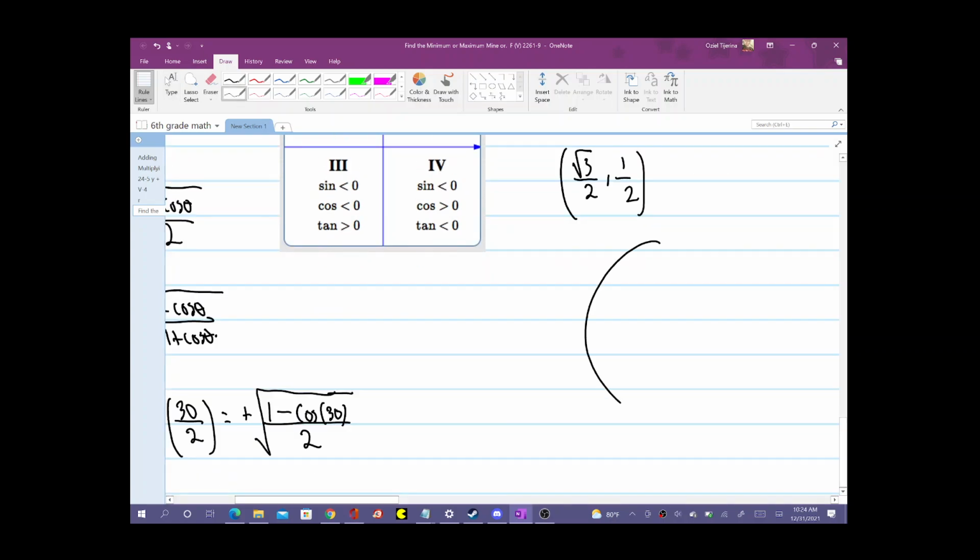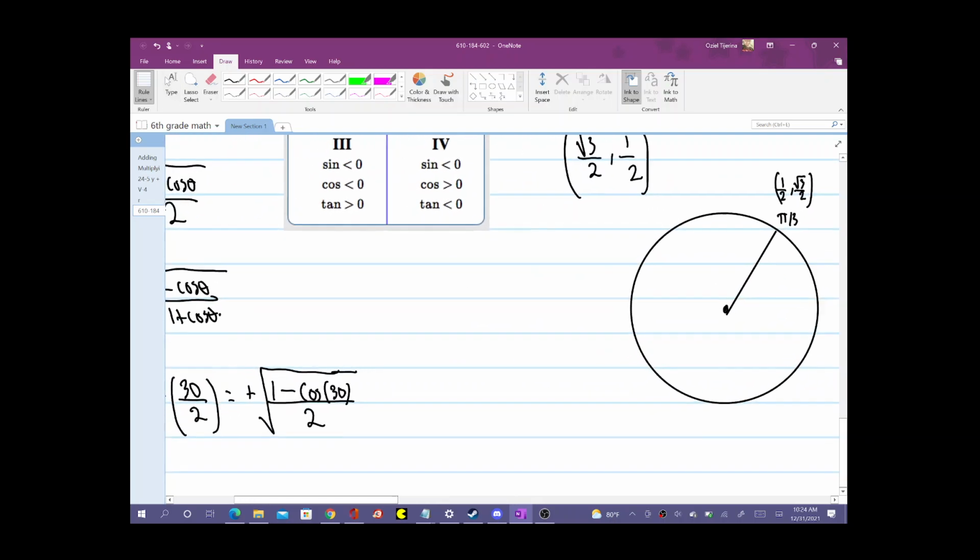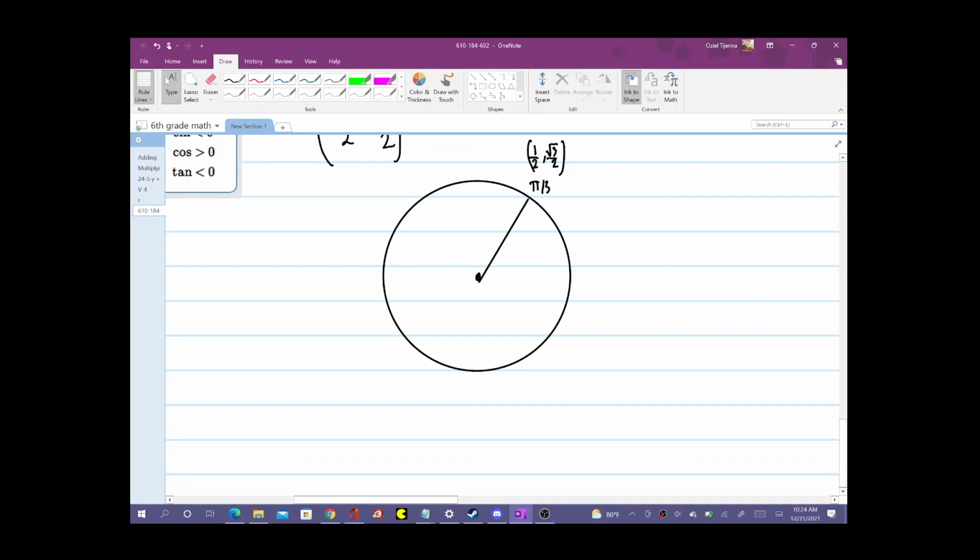On the unit circle, if I draw it really quick, here's the middle. It's pi over 3, and this is 1/2, square root of 3 over 2, and then it keeps going, so it's like pi over 4.